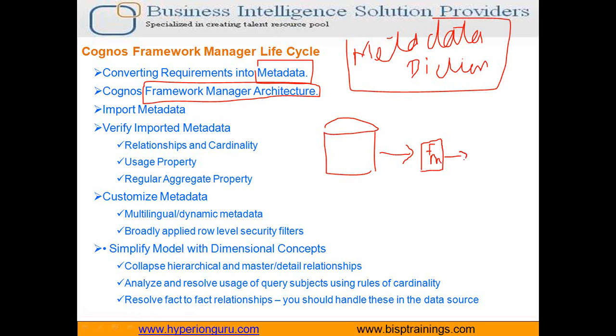The enterprise data warehouse is designed for generic requirements, whereas Framework Manager is designed specifically for reporting. There may be another feed going to data mining or predictive analysis, or it could be used for a planning or budgeting solution. There may be multiple possibilities, but it's a generic solution and the feed goes to multiple sources.